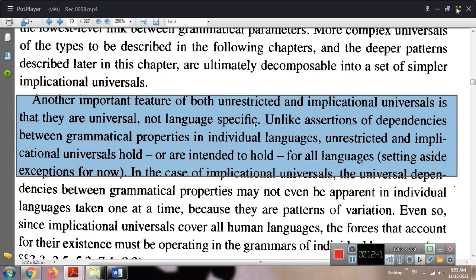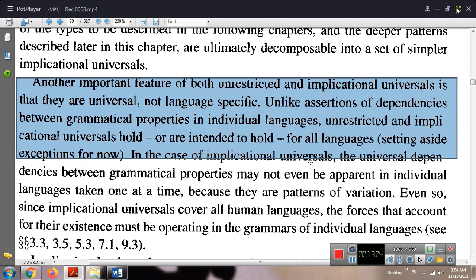Both of them are universal, not language specific. Unlike assertions of dependencies between grammatical properties in individual languages, unrestricted and implicational universals hold, or are intended to hold, for all languages, setting aside exceptions for now.